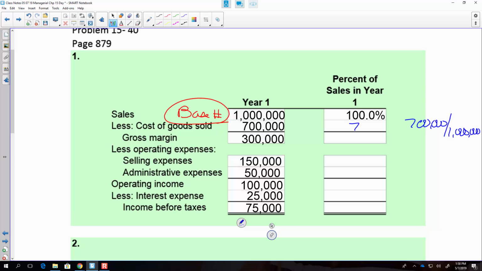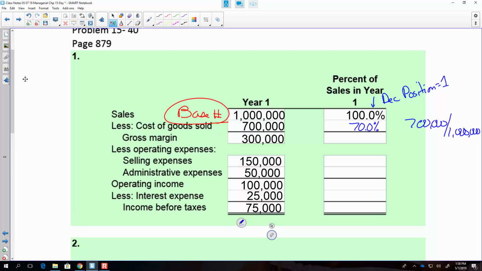Obviously, that's 70%. And here again, they're going to one decimal place as a percent.